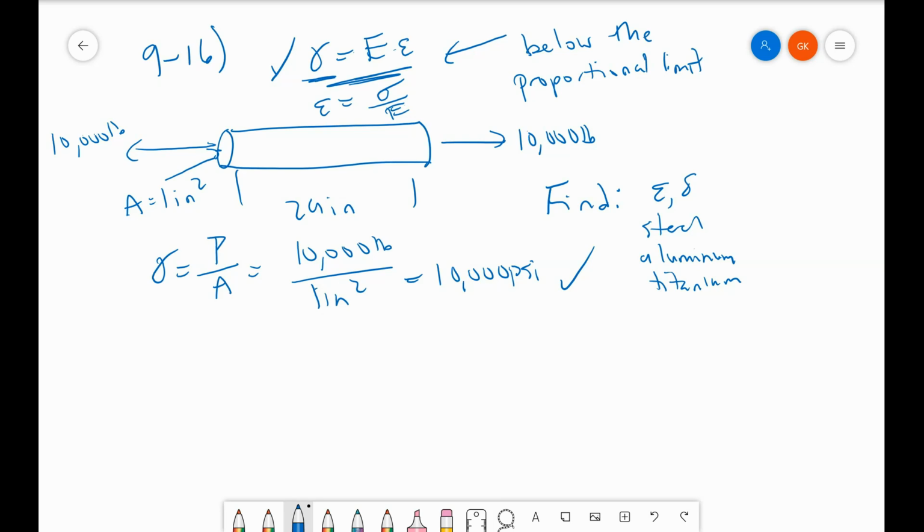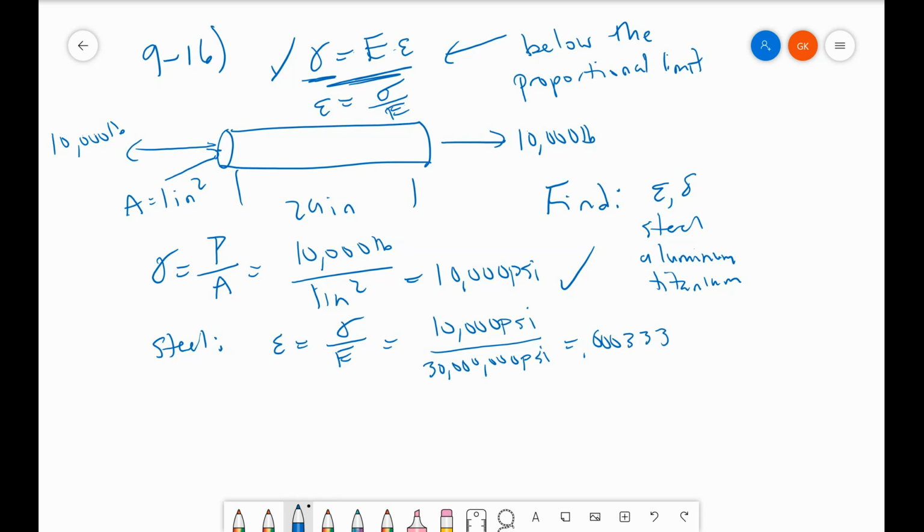So first off, for steel, the strain would be equal to the stress over the modulus of elasticity, which is 10,000 psi over 30 million psi, which is going to be equal to 0.000333.